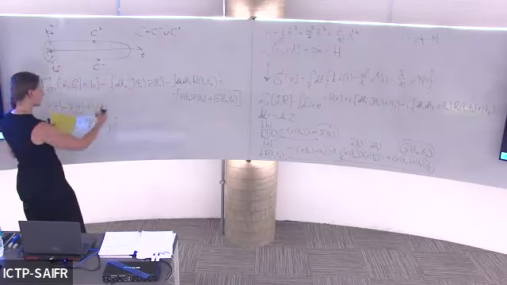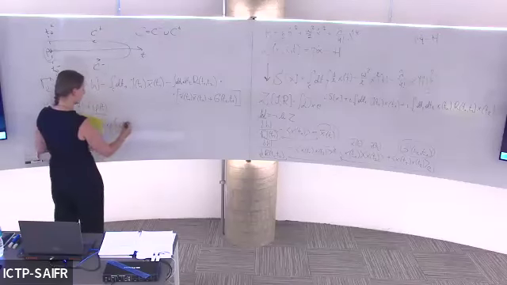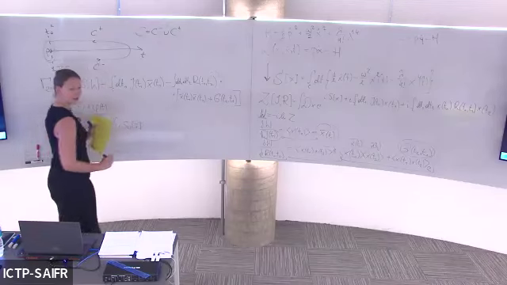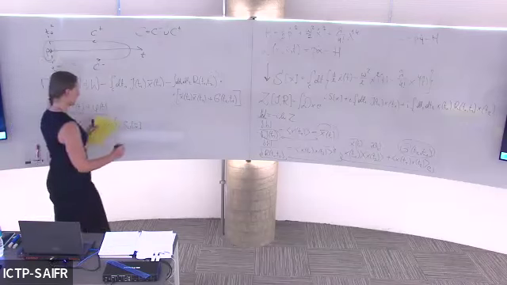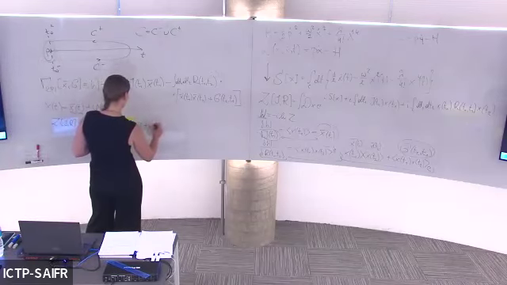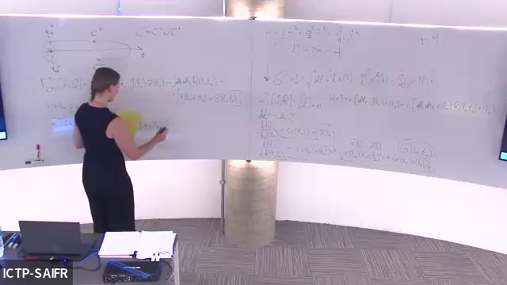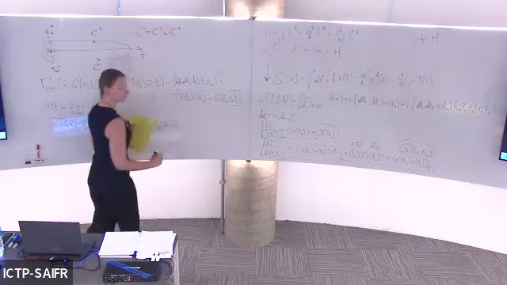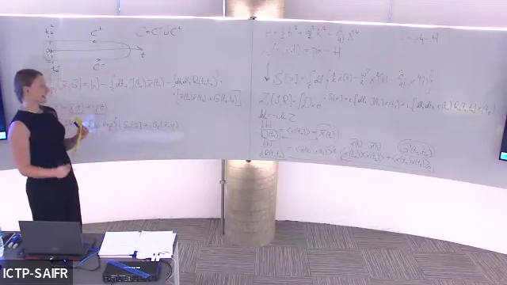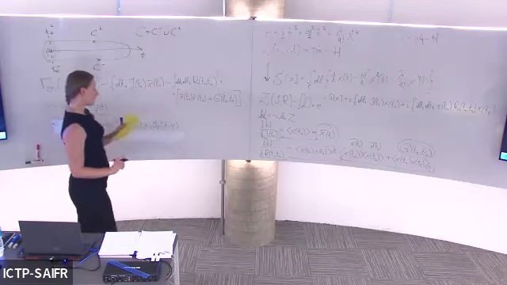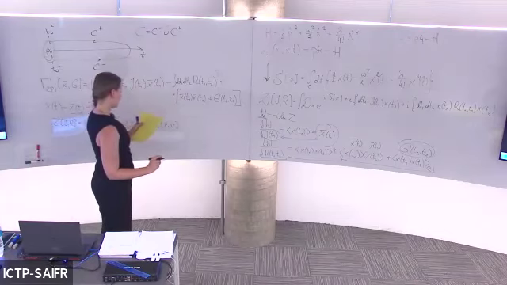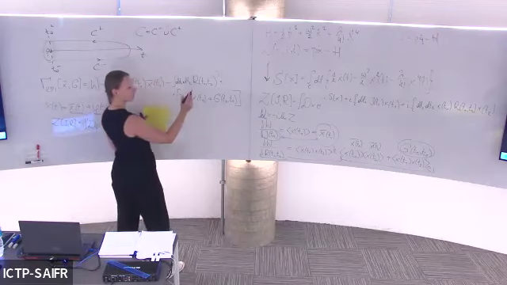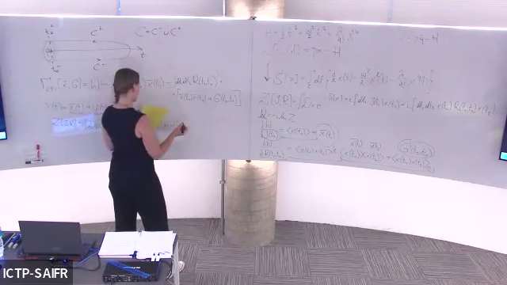I'm going to have, and I'm not going to write it explicitly, part of the action, just my classical action, which depends only on the averages. And I'm going to have part of the action, which I'm going to call S fluctuations, which depends on both the averages but also the fluctuations. And on top of that, I'm going to write it in a shorthand notation without the integrals, so it's a bit easier.